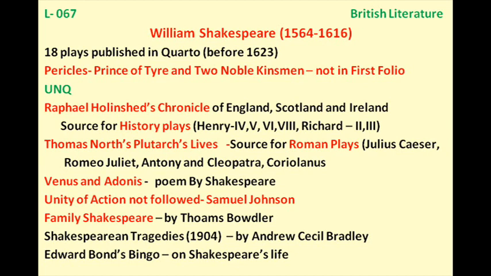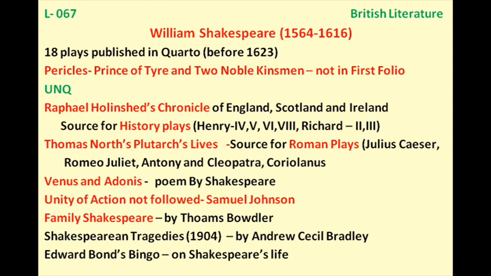And then we have another name, Thomas North, and he wrote the translation of Plutarch's Lives. Plutarch's Lives was translated into English by Thomas North in the year 1579. And this work serves as the source for William Shakespeare for writing plays like Julius Caesar.